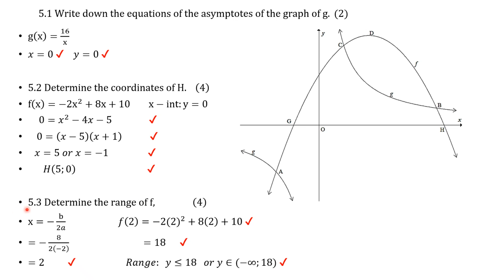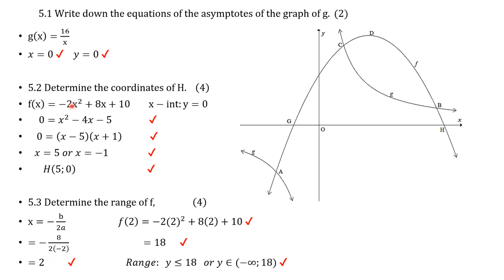5.3, determine the range of f for 4 marks. First I need to get the turning point. I'm going to start off and say x equals minus b over 2a to get the axis of symmetry. b in the equation is 8, a is negative 2. So negative 8 over 2 times negative 2, which is negative 8 divided by negative 4, giving me positive 2.